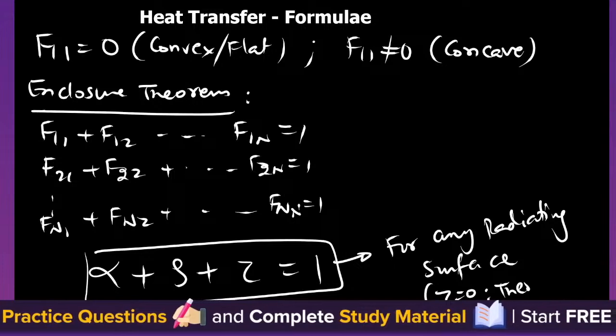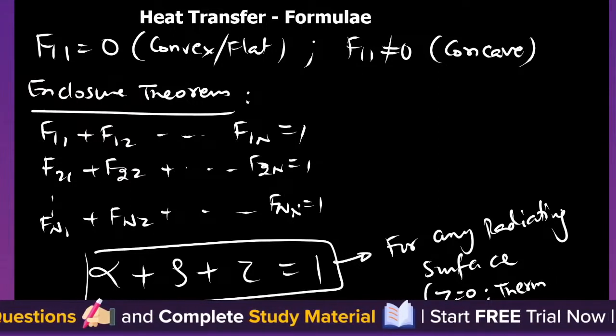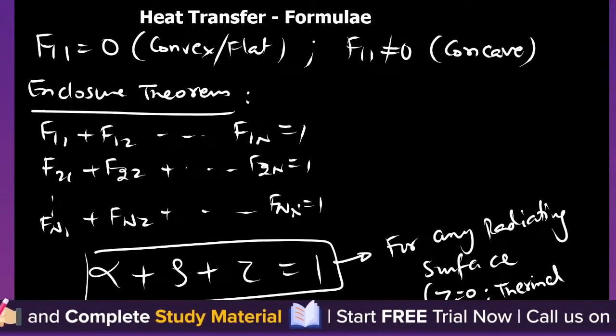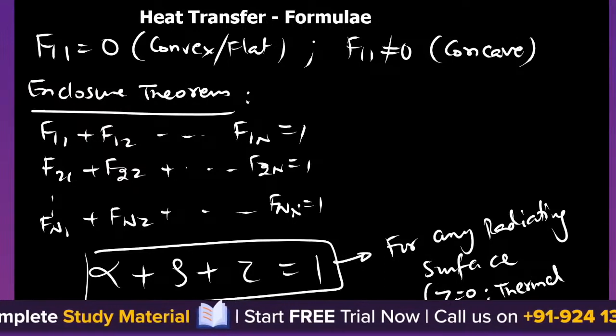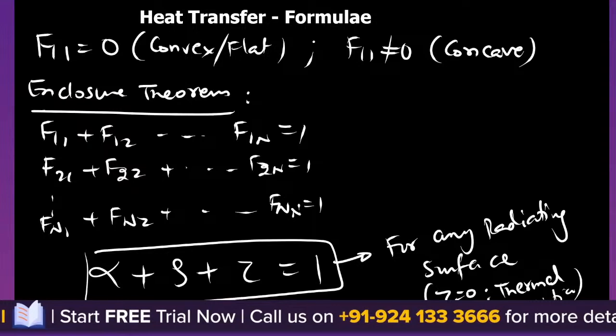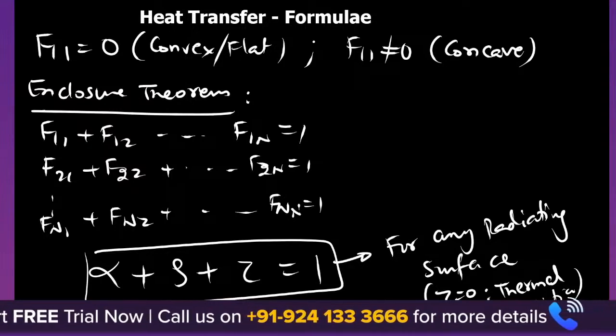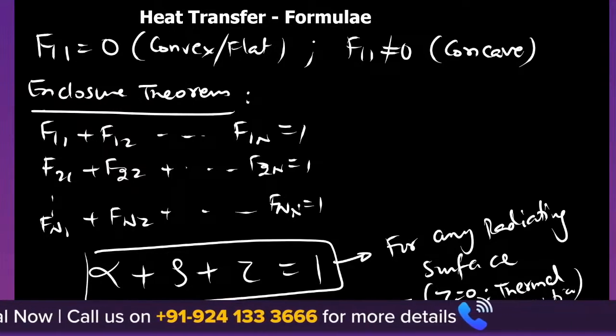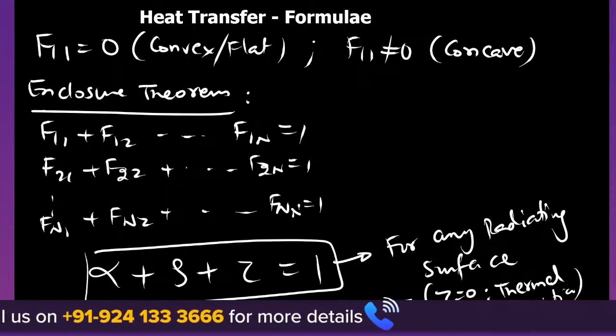There is no transmission of thermal radiation. That is why thermal radiation is called a surface phenomenon. So we can say alpha plus rho is equal to 1 in case of thermal radiation.